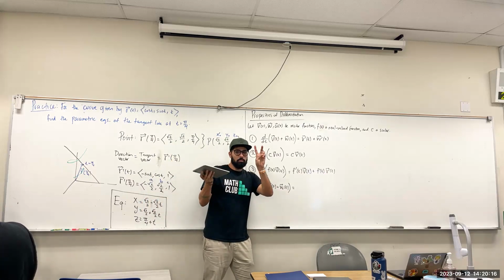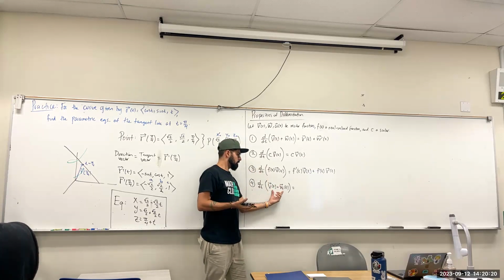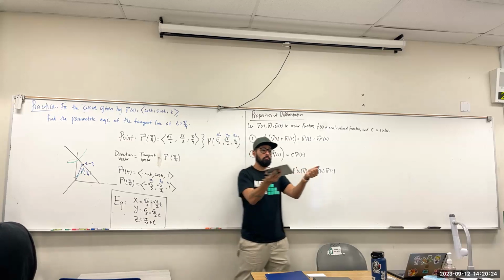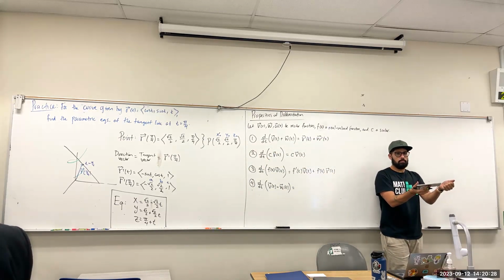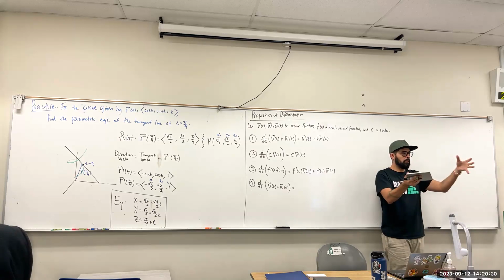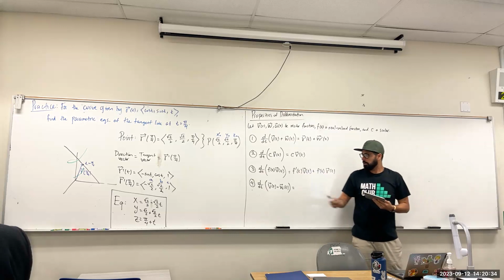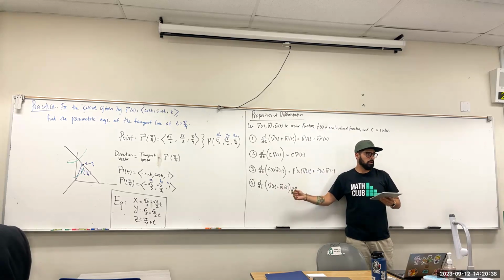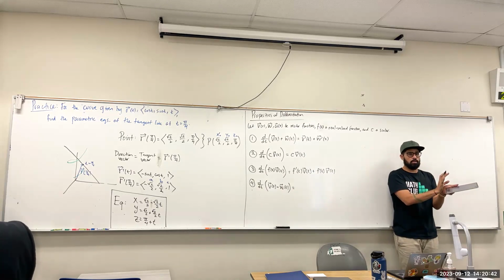Well, these are like multiplying, right? So remember, when you take the dot product of two vectors, what do you really do? It's the sum of the products of them, right? So this has its own component functions and this has its own component functions, but then those component functions end up multiplying, like normal multiplication.